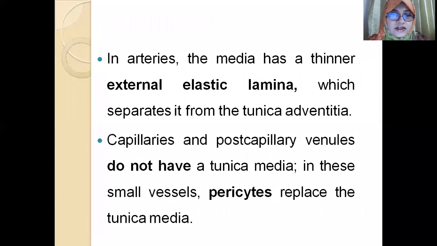In arteries, the media has a thin external elastic lamina, which separates it from the tunica adventitia or tunica externa. Capillaries and postcapillary venules do not have a tunica media. In these small vessels, pericytes replace the tunica media.